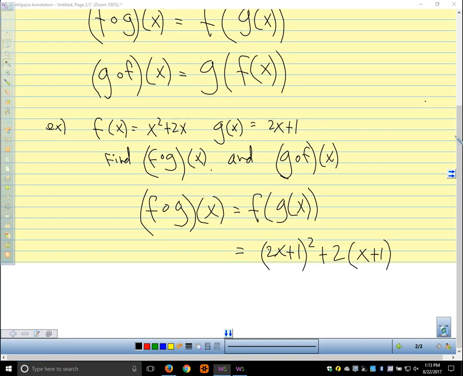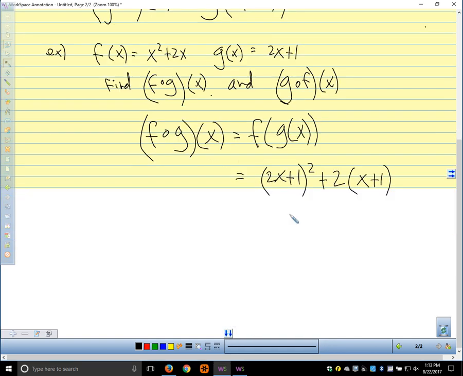Now we're just going to use our usual ways of combining functions. First we make the composition, and now we're going to multiply this out. So 2x plus 1 squared is 4x squared plus 4x plus 1. Remember, 2x plus 1 squared is 2x plus 1 times 2x plus 1. We don't want to harm the puppy and say that's 4x squared plus 1. So please don't harm the puppy. Plus, here we're going to distribute 2x plus 2.